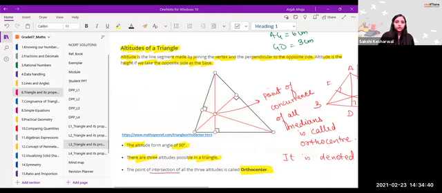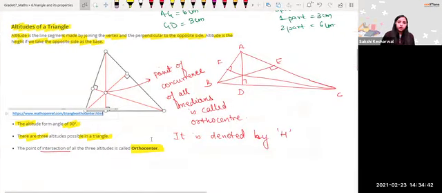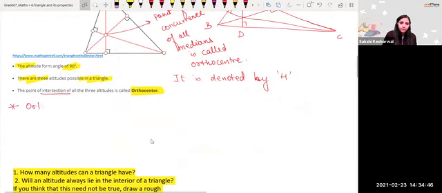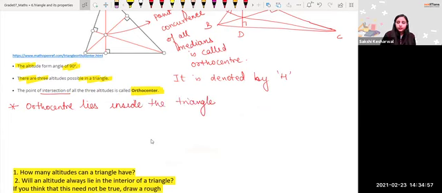Now, just see this. So we'll write it down. What are the points we have? Orthocenter lies inside the triangle for an acute angled triangle, right?